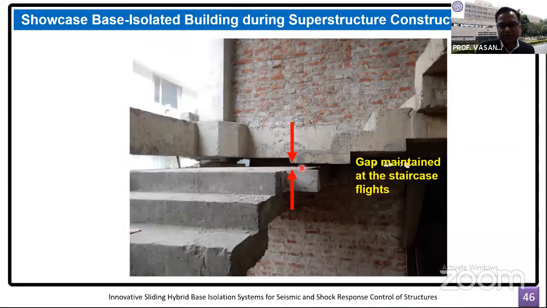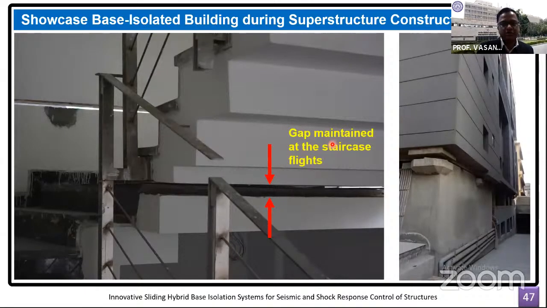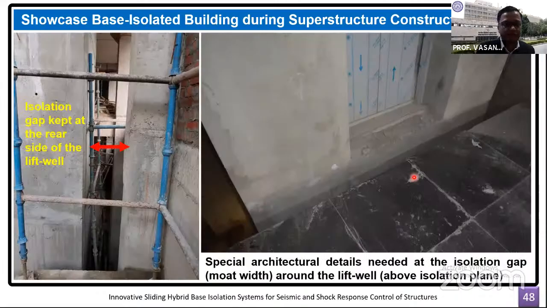You can see the clear gap between the landing here, without compromising the rise. This rise is more or less equal to this rise, without any change. From another view it looks like a regular staircase, and from the external view you can see how the building now looks.